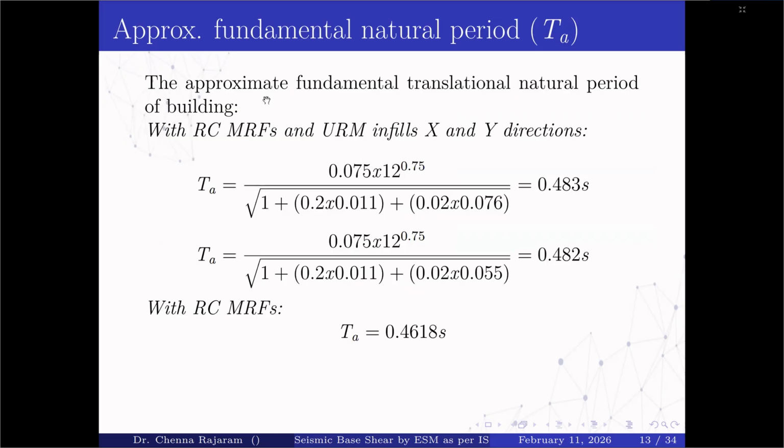Now, by considering the URM infills along the x direction and y direction, how does the fundamental natural period vary? The approximate fundamental translational natural period of the building with RC moment resisting frames and URM infill walls along the x and y direction: here, this term is the same.